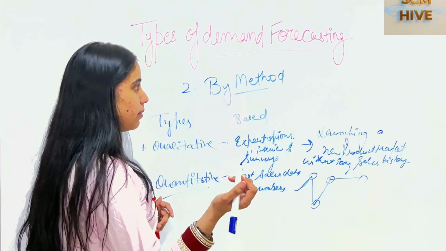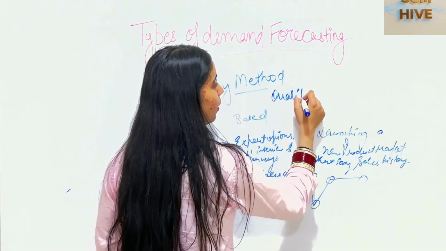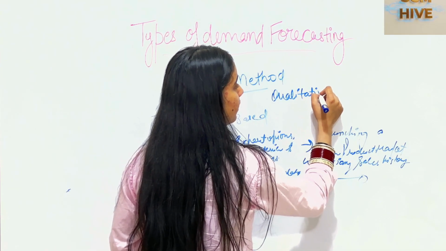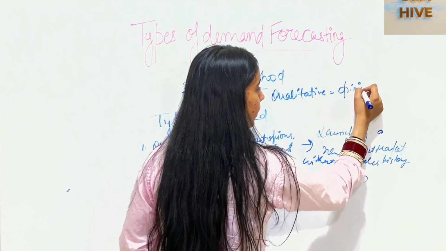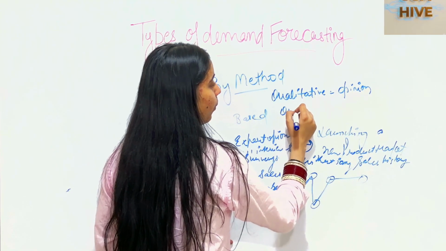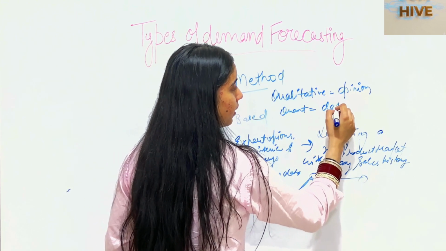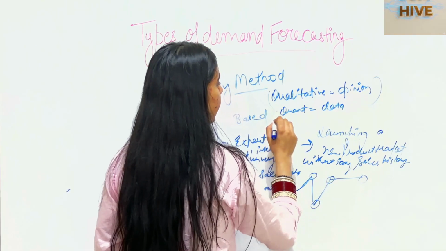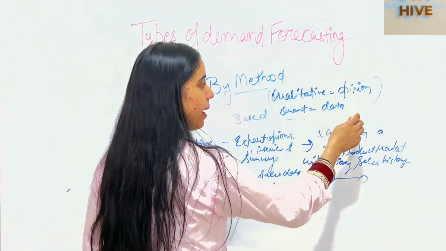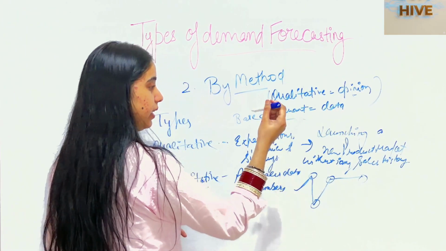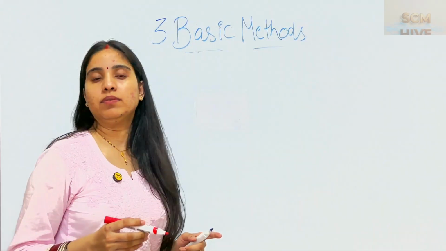If I write in simple language, qualitative is equal to opinion, okay, and quantitative is equal to data. So these two words will help you understand when we are using qualitative, and in quantitative we are using data to understand the pattern.